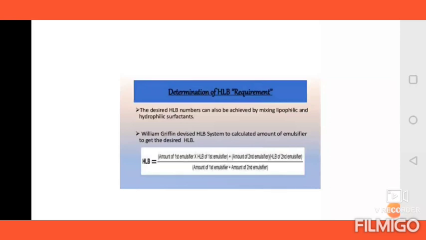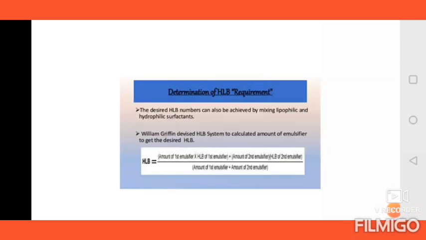William Griffin devised the HLB system to calculate the amount of emulsifier needed to get the desired HLB value. So what is the equation?